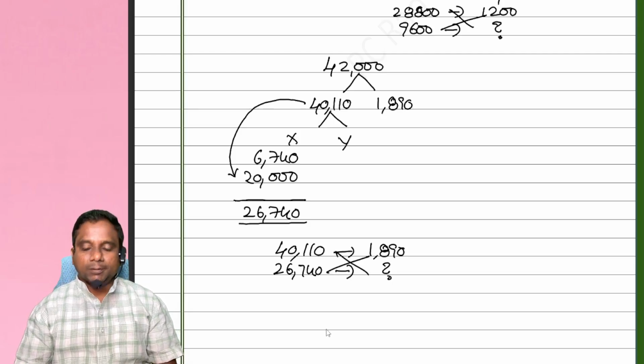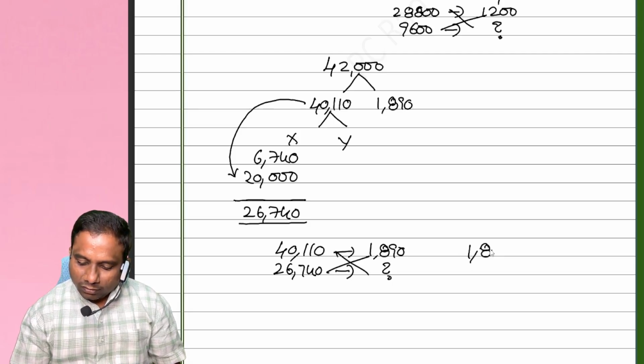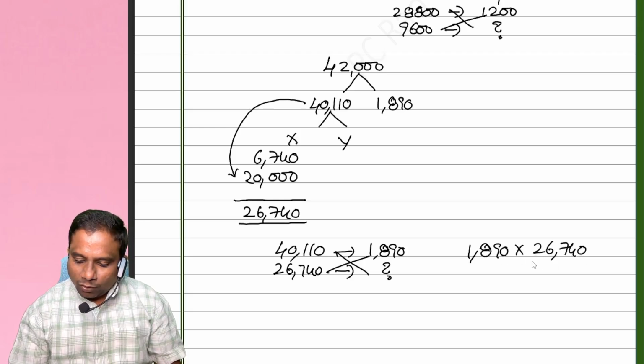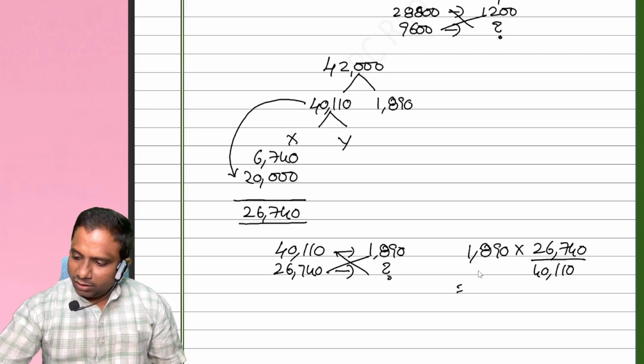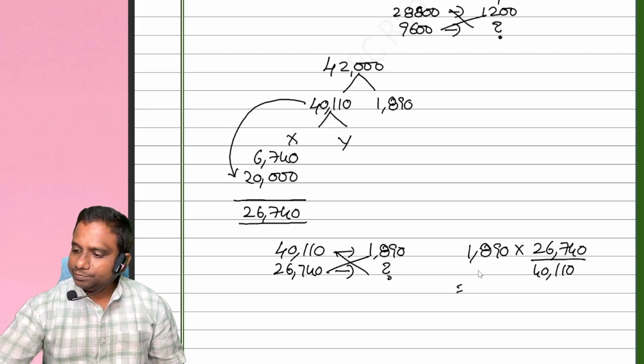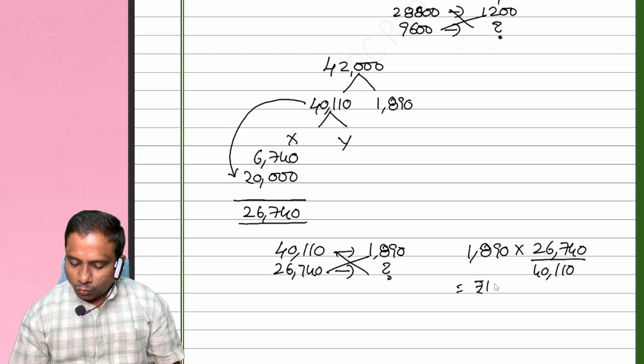Cross multiplication. 1,890 into 26,740 divided by 40,110. Calculate how much. It comes to 1,260.